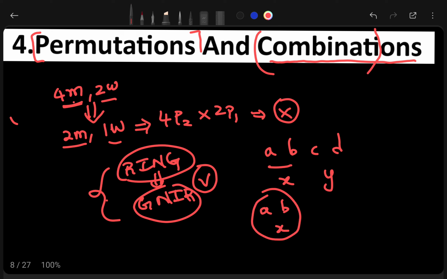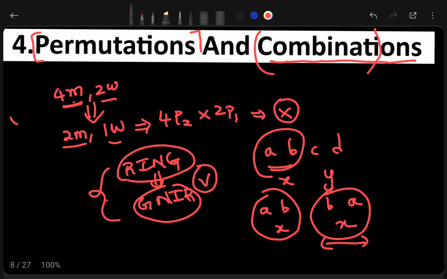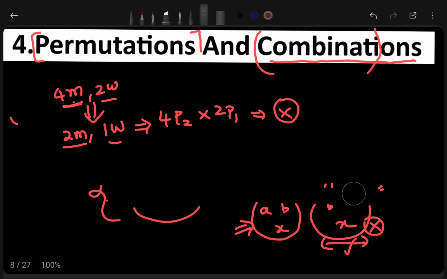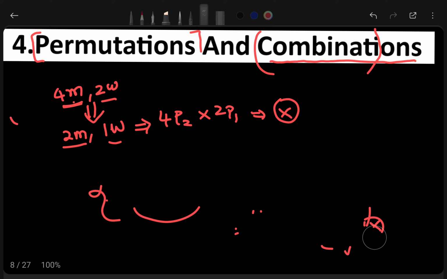Now, according to permutations, what will be happening is again BA will be selected with X and it will say this is another permutation. But dude, this is wrong, right? Because I'm selecting the same guys again, it is wrong. So that's why this particular permutations thing does not work in selecting humans or selecting men, because selecting the same people again does not make any sense.